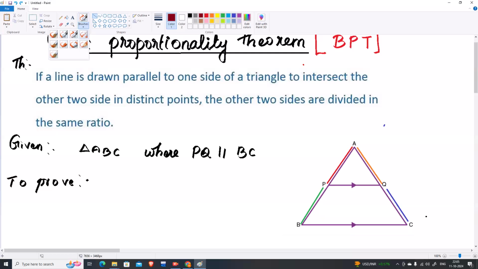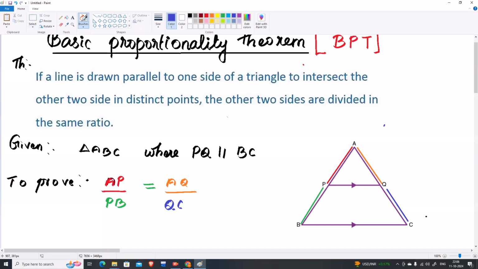So we have to prove, and for better understanding I have given colors, in red: AP by PB is equal to AQ by QC.